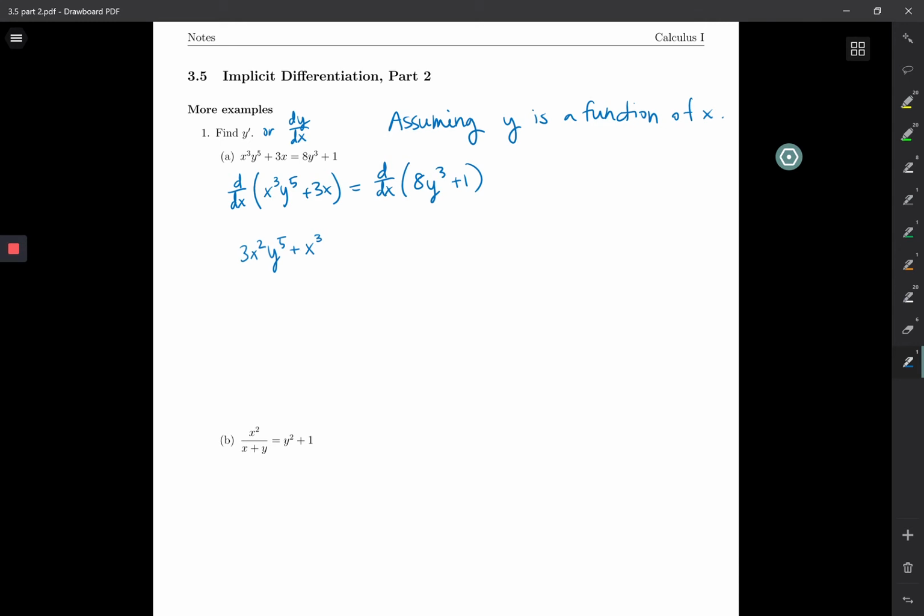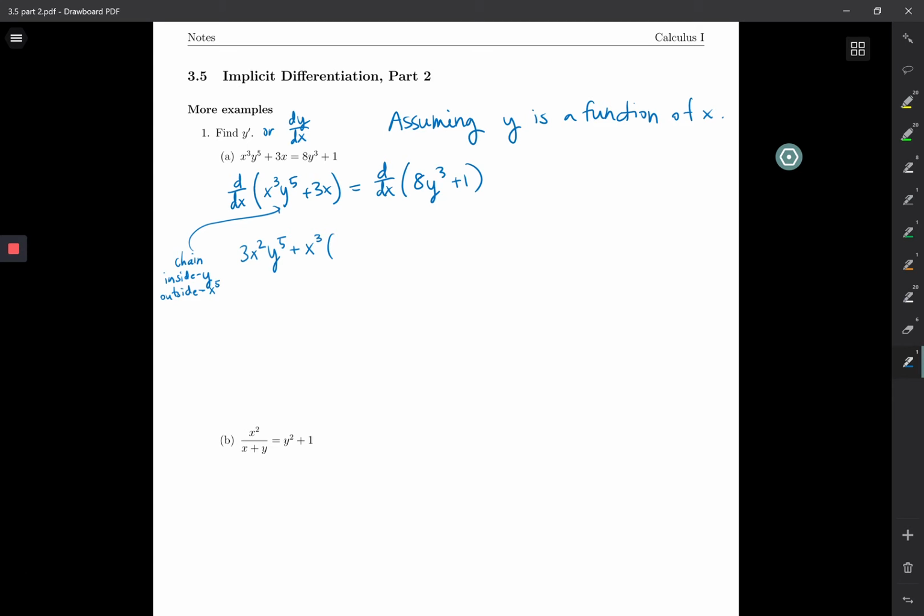And so first, this is going to require the chain rule, and the first thing that we do is take the derivative of the outside function. So maybe I'll make a note here. So this is requiring the chain rule, where the inside function is just y, but remember y is a function of x, and the outside function is, well, I can write it x to the fifth.